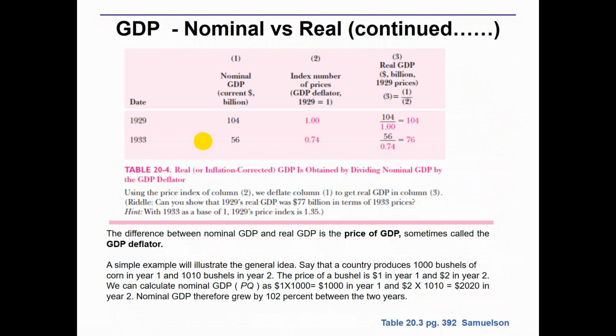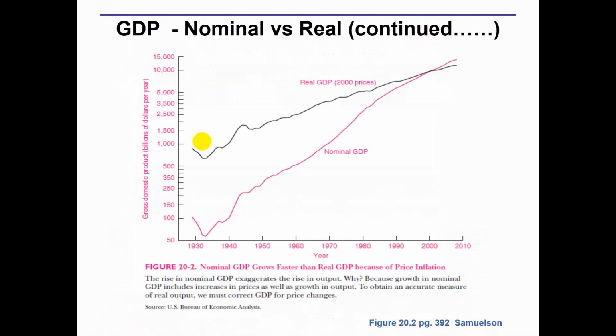We can also calculate real GDP directly from nominal GDP if we have a price index or GDP deflator. We have already studied in our class how to calculate real GDP and the GDP deflator. Basically, the GDP deflator is calculated by dividing nominal GDP by real GDP. So it is a proportion.